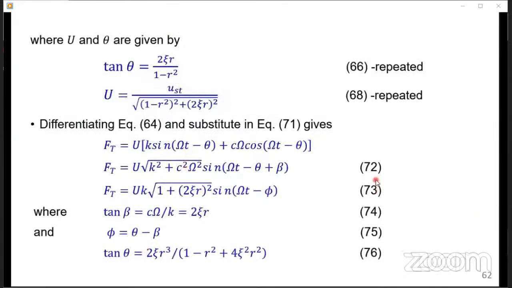So all these equations 71 up to 76 is just a matter of differentiating and substituting U, and then simplifying using the ratios that we already have defined previously, and introducing just a new angle phi, which is given by theta minus beta. Don't be surprised or worried about these angles. Because that's the definition of the phase angles. Therefore, you are going to get tan theta equals to as shown in this equation.